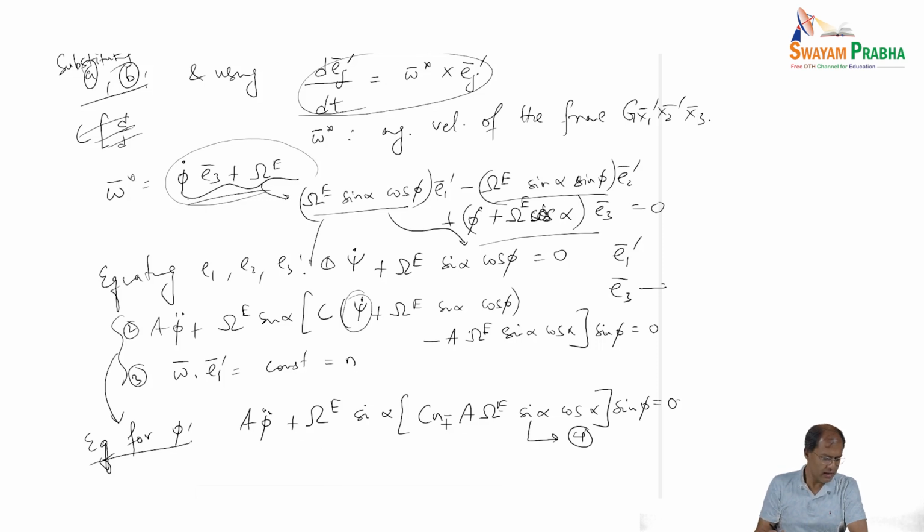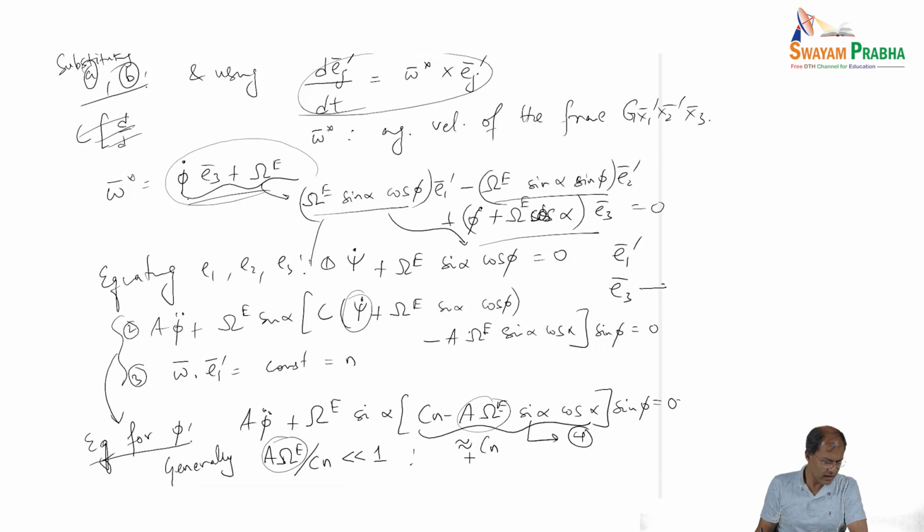Generally the ratio A omega e by Cn is much less than 1, so the quantity in the bracket is roughly equal to Cn, because A omega e is very small compared to Cn.